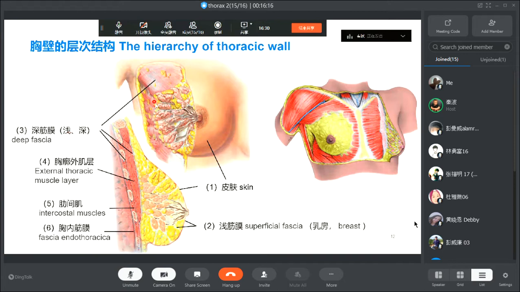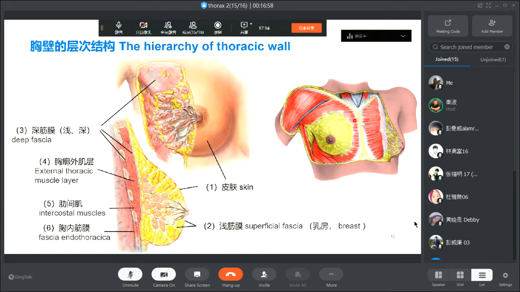We can see in this picture that this part is the breast of the female, and this red part shows the skeletal muscle. This membrane covering the muscle we call the deep fascia.